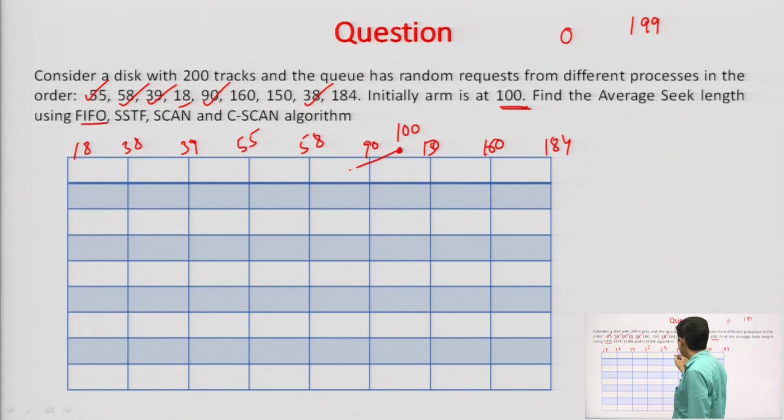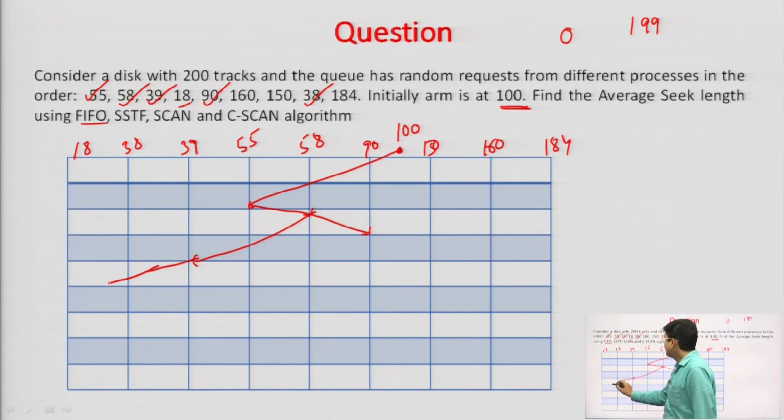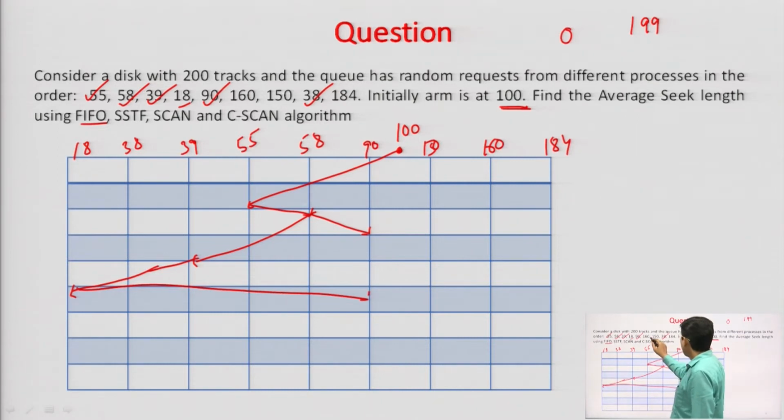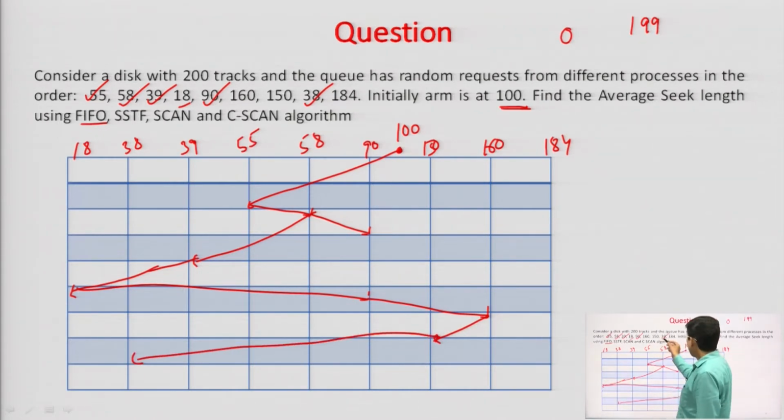55 will be the first one to serve, and then from 55 we will move to 58, and then from 58 we will move to 39, I am sorry, 39, and then from 39 I will move to 18, and then from 18 I will move to 90, and then from 90 I will move to 160 while satisfying the request, and from 160 I will move to 150 for satisfying the request, and then from 150 I will move to 38 for satisfying the request, and then from 38 to 184 for satisfying the request.